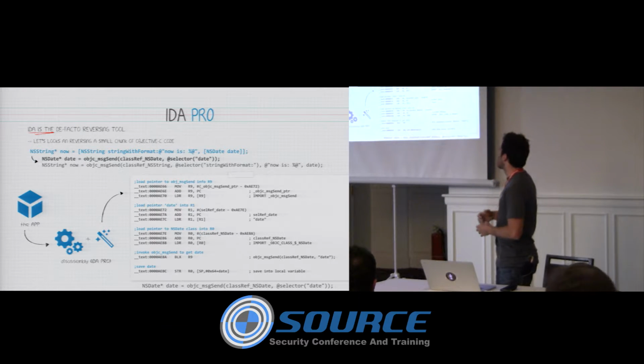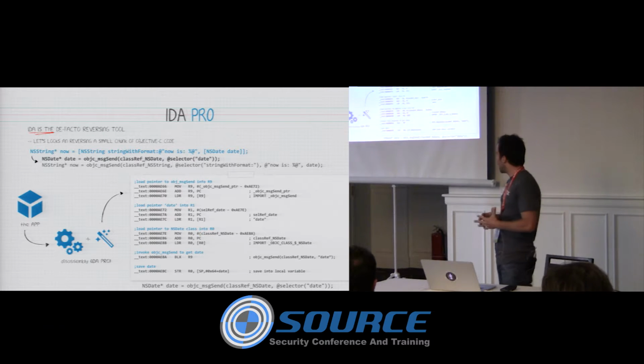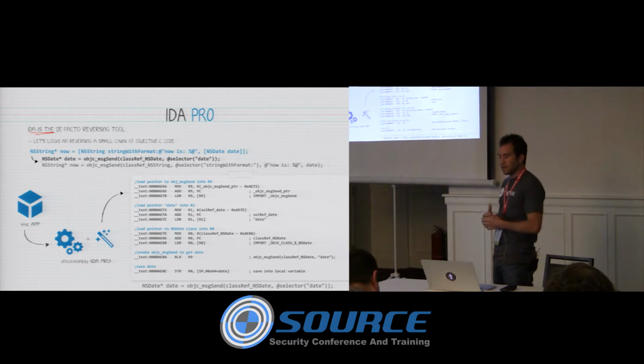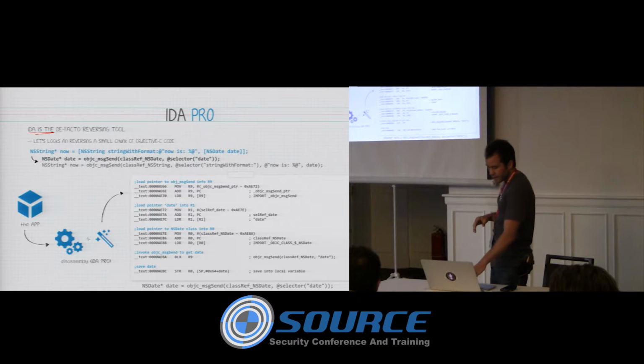And then in R0, this is the first parameter. This is the object we're going to invoke. In this case, it's the NSDate class. Then all the way near the bottom, you can see the BLX R9. And what this is doing, it's invoking the Objective-C message send function with the specified parameters. And then once that function call is done, it stores the result in a stack variable. And this return value is going to be in R0.